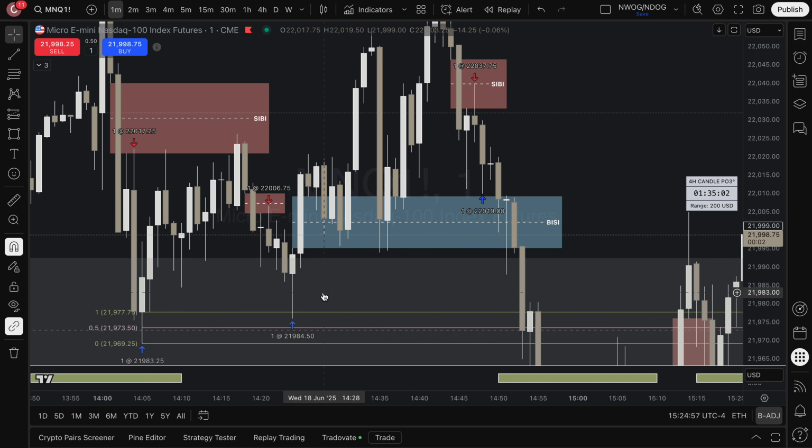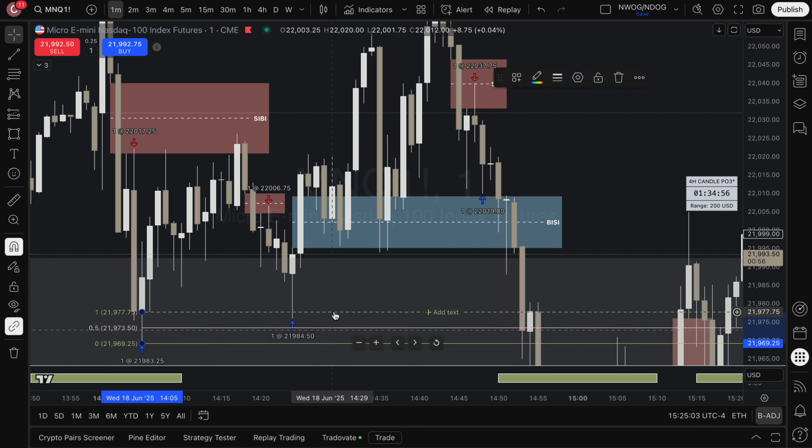Now, this is going to get a little complicated, but I always measure wicks. I want you to treat wicks like fair value gaps, like a gap, like a volume imbalance, or a fair value gap. It's pretty much the same thing, right?